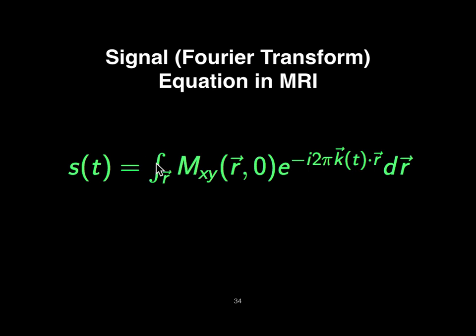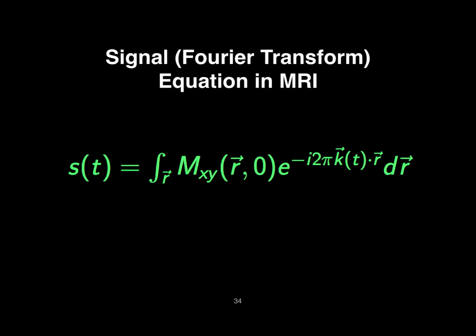Okay, so that's formally represented by this equation here. There is an integral over all space. The signal at any given time is essentially the integral over all space of the magnetization over that same space. And this kt here represents the time integral of what's happening with your gradients at that time. Conveniently, this is exactly a Fourier transform relationship between k and position.